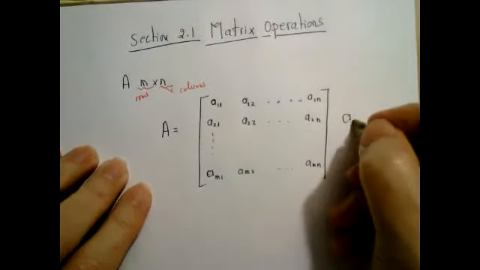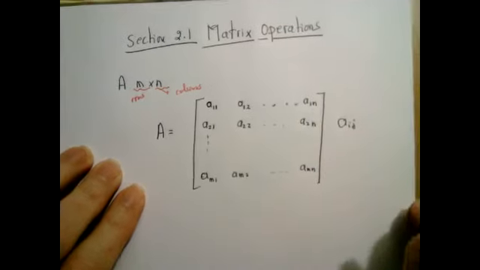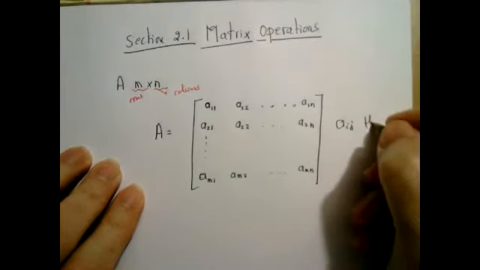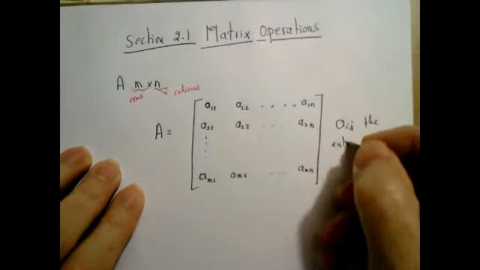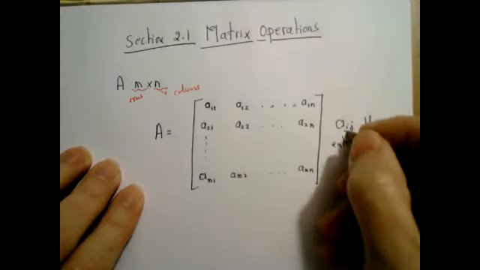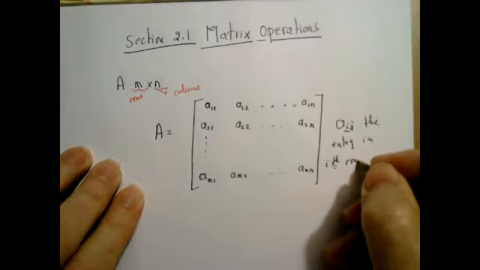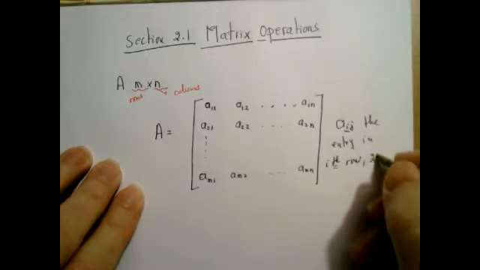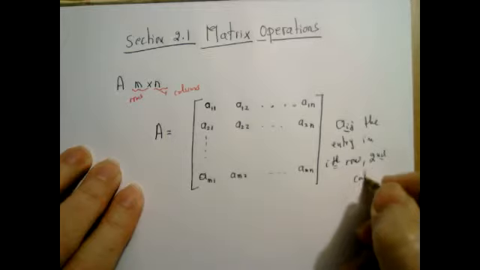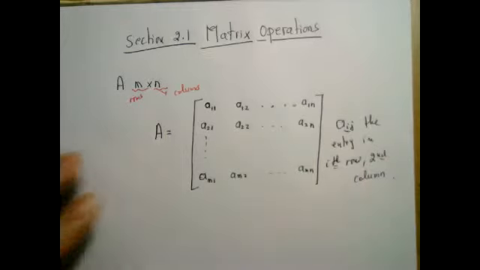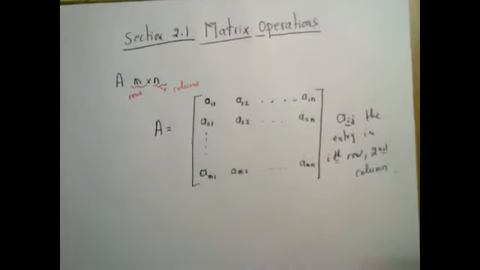So Aij, that's the entry in the ith row and jth column. The first index tells me the row, the second tells me the column. So that's really how it works.